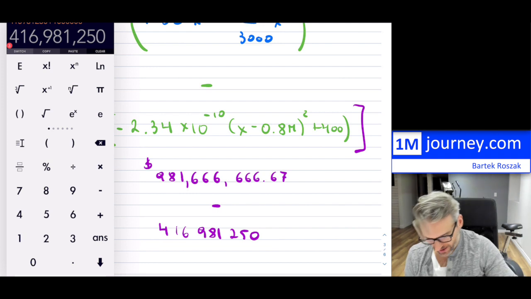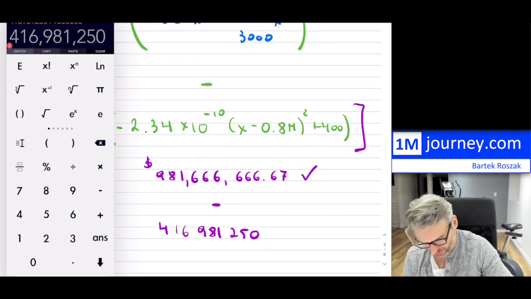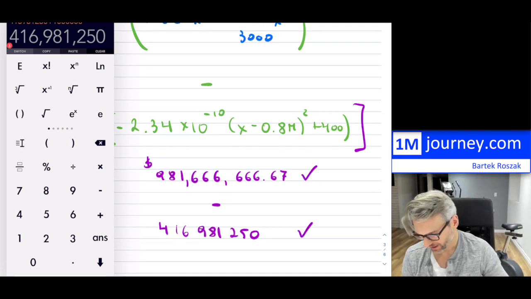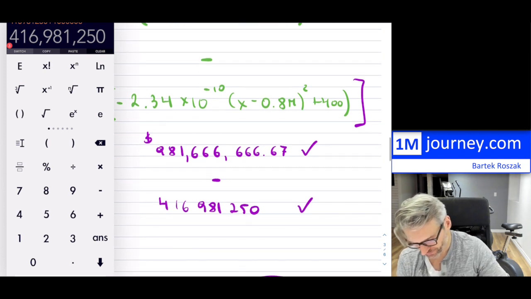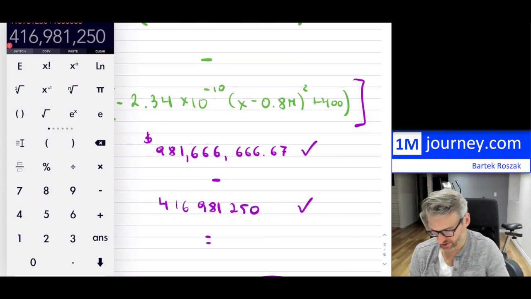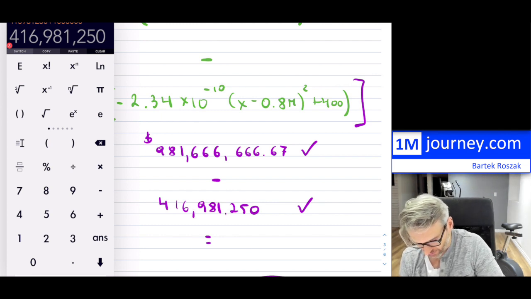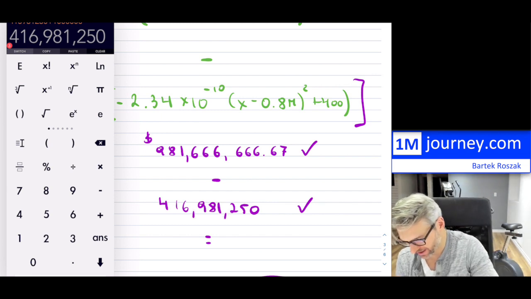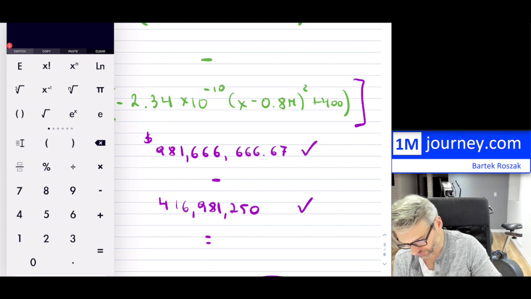So here's your total revenue, here's your total cost, and now if you subtract the two, you're going to get your profit. So there you have it. You can take that in and do that substitution.